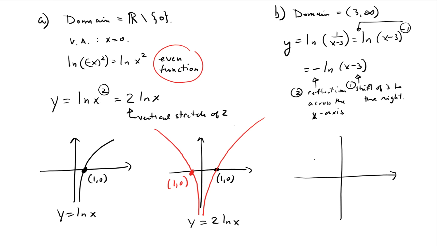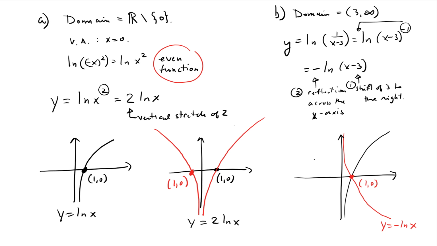So if I reflect, this is y equals ln of x. If I reflect it across the x-axis, it will give me something like this. So this is y equals minus ln of x. The point (1, 0) stays where it is.